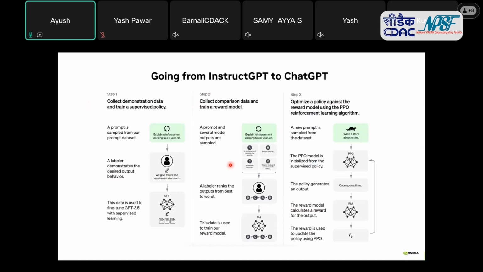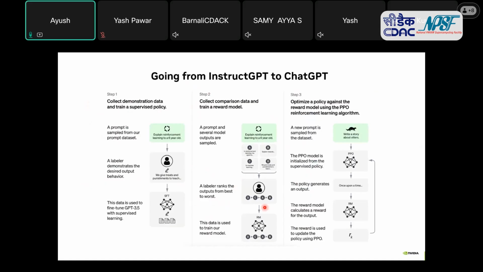So the model produces different answers to the same question, and then a human annotator ranks the outputs from best to worst. It could be a simple rating from 1 to 5, or a more fine-grained rating, in the sense that a human can annotate the grammatical correctness, or how intuitive the answer is. So you can go from a very broad rating to a fine-grained rating. This differs from model developer to model developer.